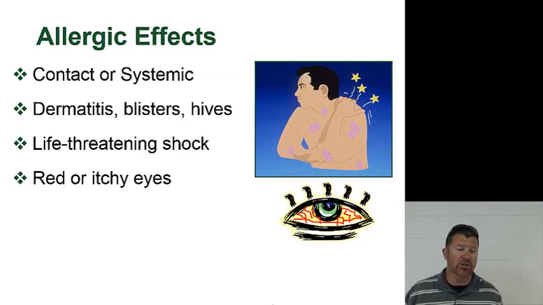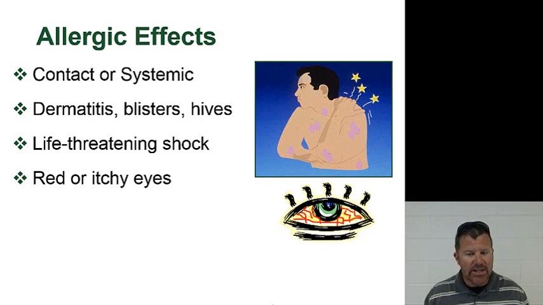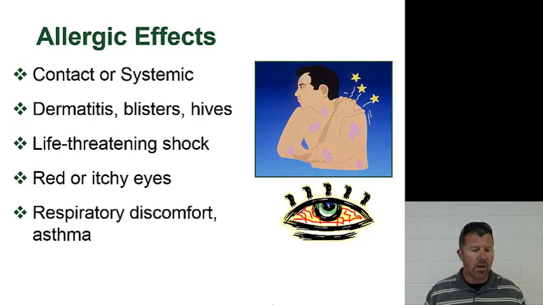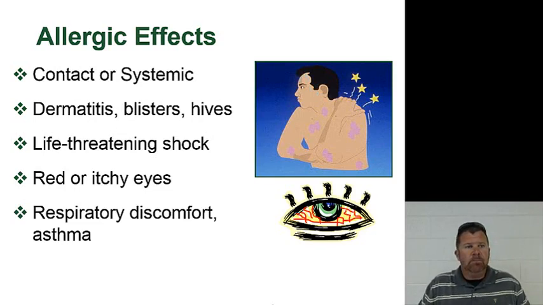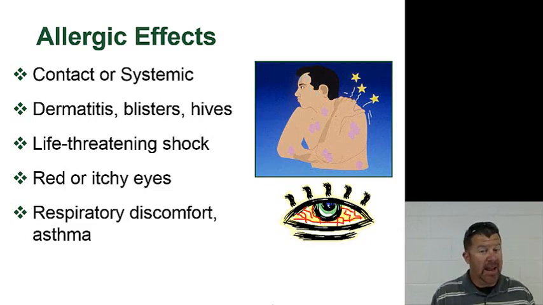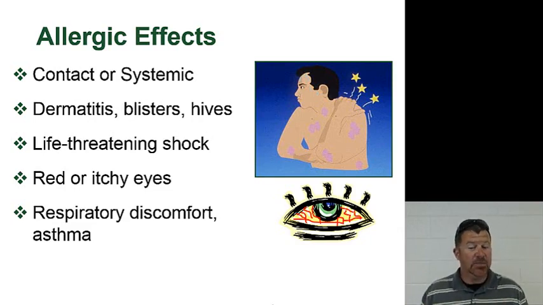Very, very scary situation with that. They could have red or itchy eyes. Respiratory discomfort. They may start acting like they have asthma, or some of these pesticides may, somebody could have asthma and may not have had an asthma attack, but being exposed to a certain type of pesticide could make that asthma reoccur.